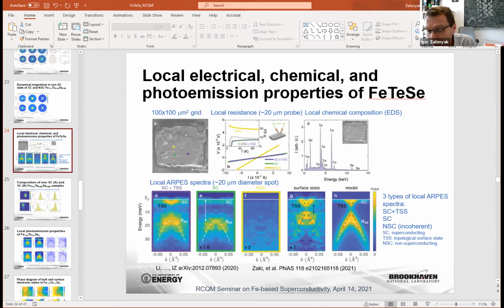In that way, we believe that statistically, these are representative of the bulk. It's statistical, but you are not measuring the same spot with neutron scattering and ARPES. No, but I'm measuring the average of all the spots measured by ARPES with neutron scattering. You're comparing the histograms of both.